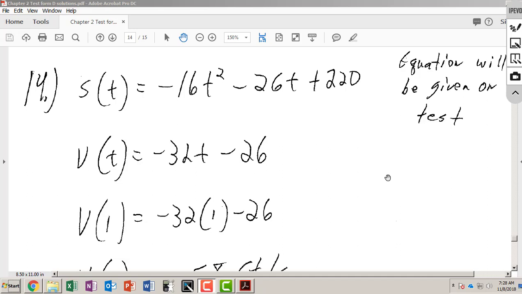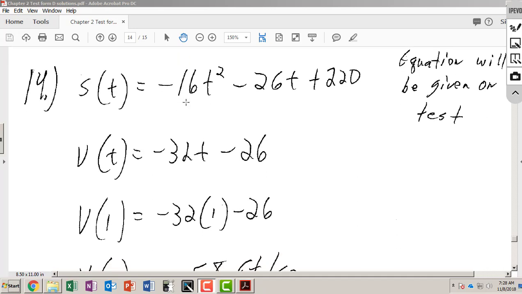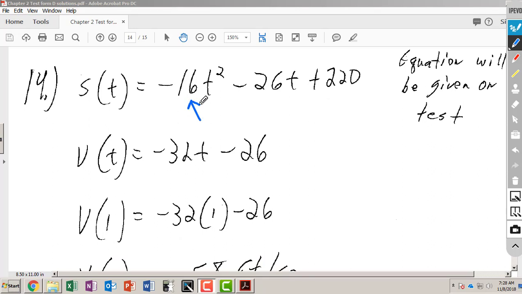So this is actually from physics. Your negative 16 right here is going to be half of your gravity. This negative 26 is your original velocity. You're going to notice they're throwing this downward with initial velocity 26 feet. And then this 220 feet is going to be your position.